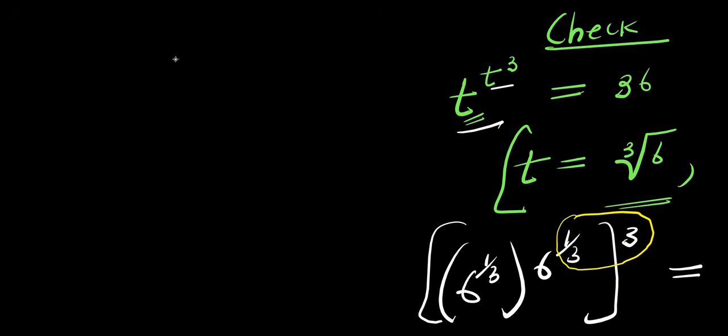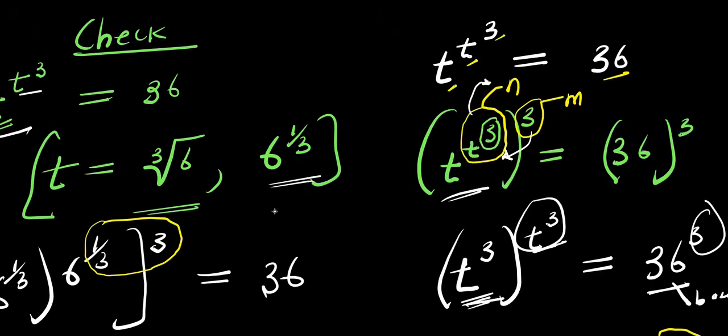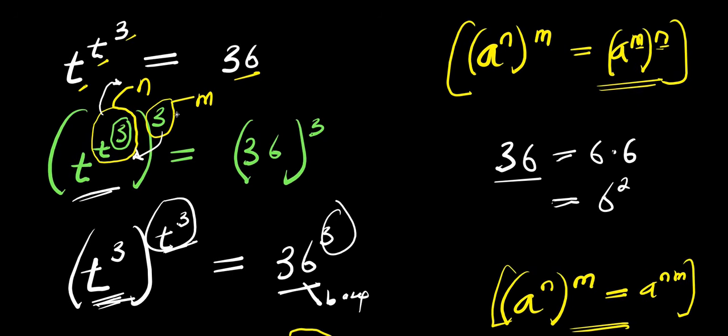Now, the next thing we are going to do is just to run a quick recap on this. If you observe, the trick that we used right here was to ensure that we took this t power 3 as a single term. We took it as a unit before we were able to apply this identity. So this was like a unit, maybe n.